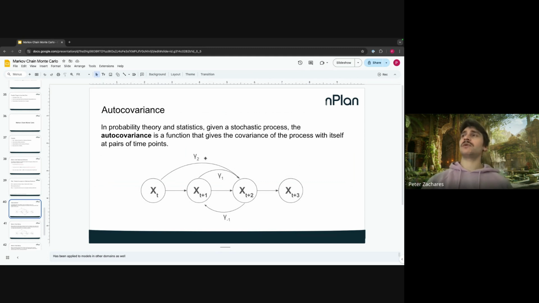If they're 2 steps away, then it's autocovariance with step size 2. And you can go in both directions. You can have autocovariance with step -1, which might not necessarily be the same as the forward direction, but I think in a lot of cases it is.